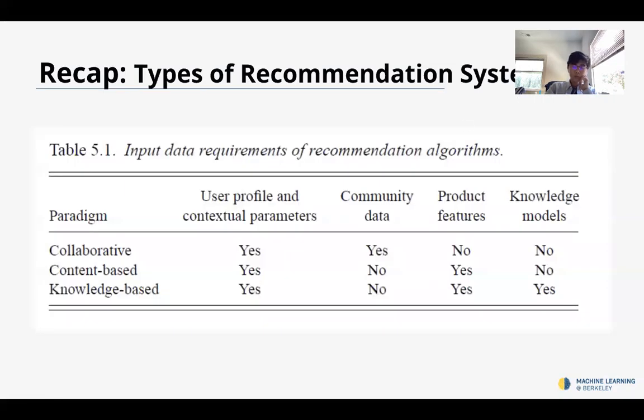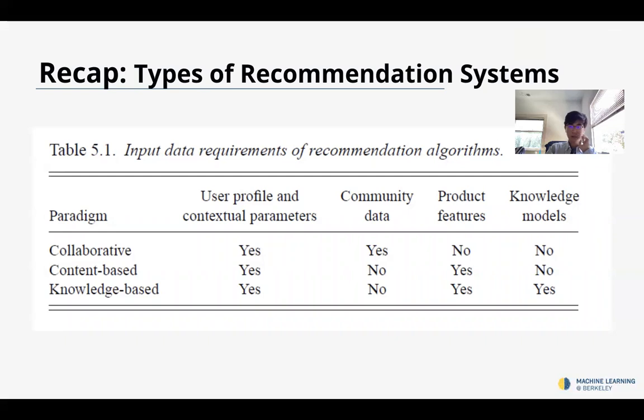Right, so just a recap of the types of recommendation systems we talked about in the first few weeks. You have collaborative systems that take community data, you have content-based systems that use product features, and you have knowledge-based systems that use product features and knowledge models. All of them will keep a profile for each user, because the collaborative system needs to know information about a user to group them with similar users.